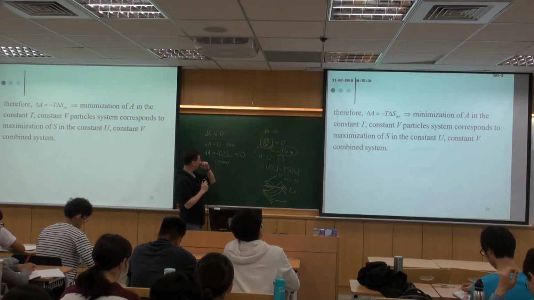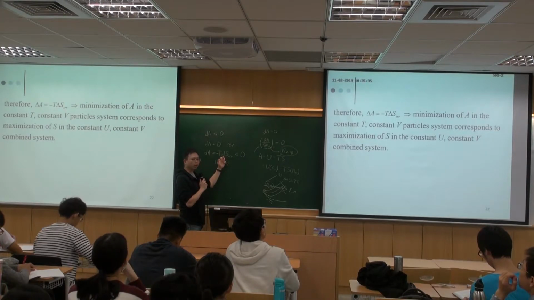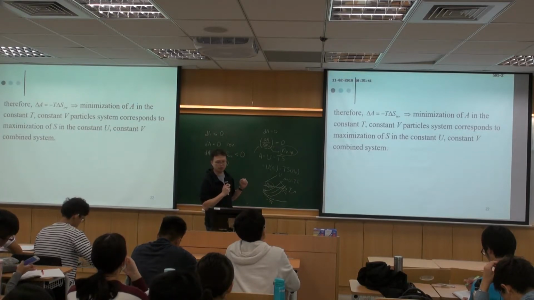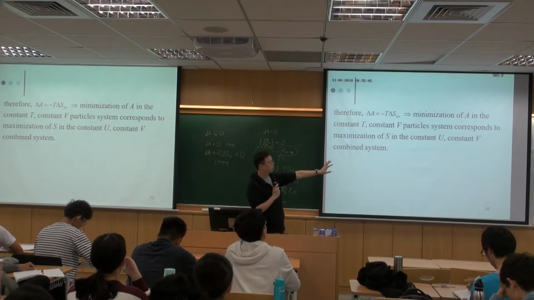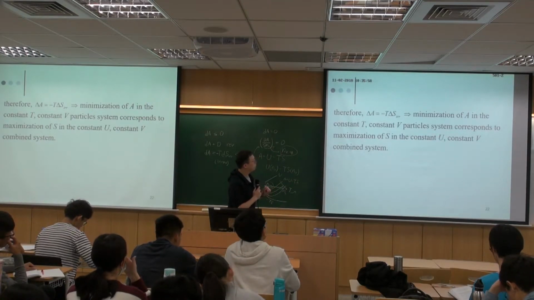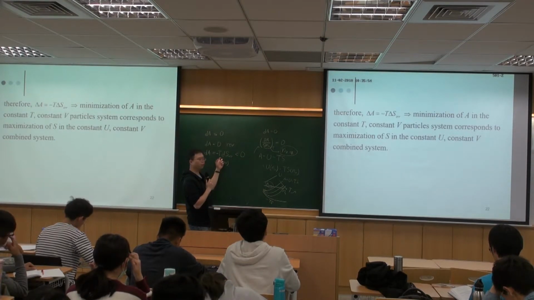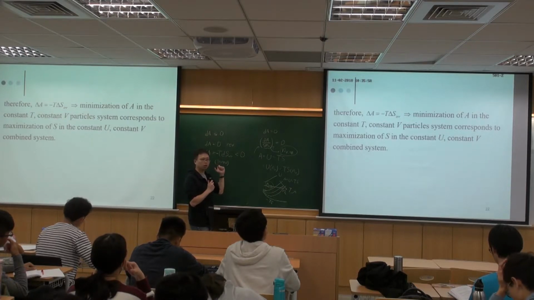For an irreversible process, because you have this ΔS_irr, your change of Helmholtz free energy will be less than 0. So even when you're dealing with a constant internal energy, constant volume case, you can still see a change of Helmholtz free energy because you have this extra contribution, right?